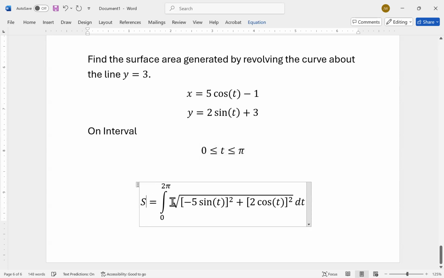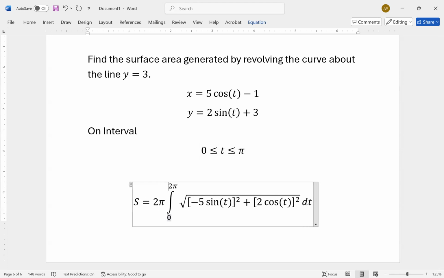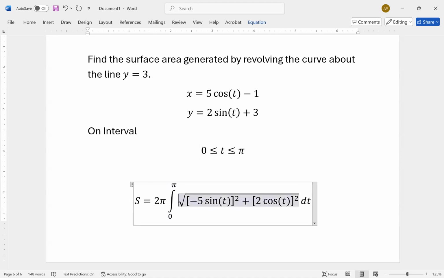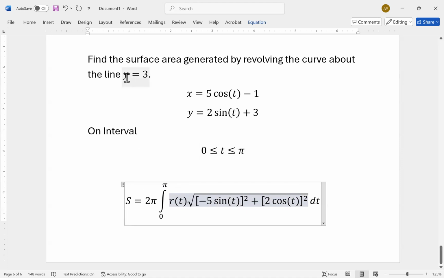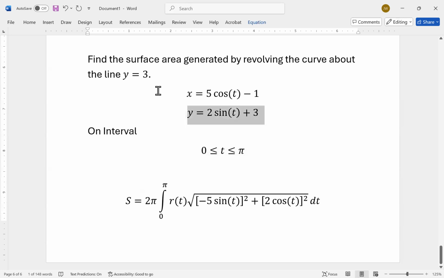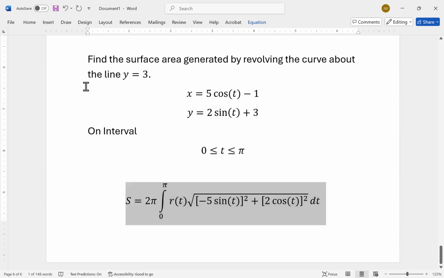Surface area is always 2 pi times the integral. This time we're integrating 0 to pi, and then I need a radius with respect to y equals 3. If the line I'm revolving around is y equals 3, then the difference between the y values that I'm at and the y equals 3 line is going to be my radius.